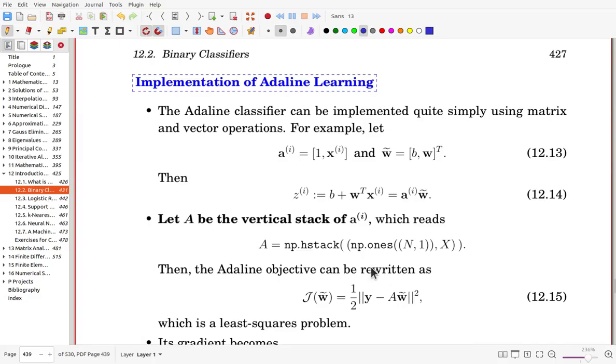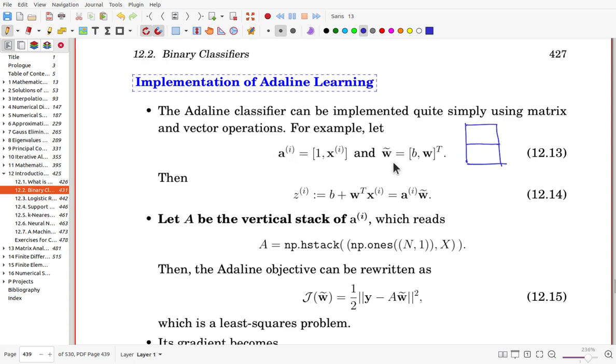For each point, x is given in a table. So for each data point, the ith one, we put 1 in front of the point, and that's called ai.